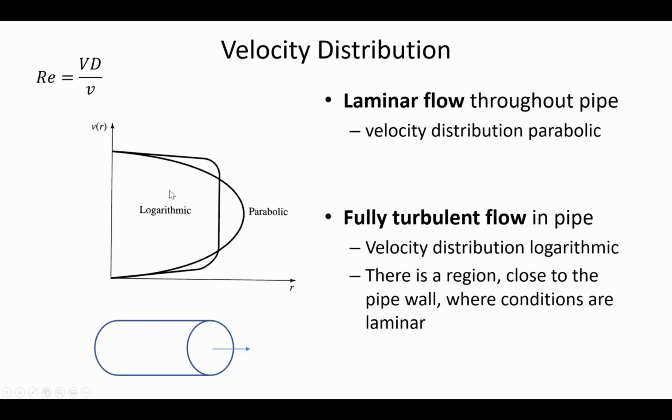Whereas if the conditions are turbulent, meaning that the Reynolds number is above 4,000, then there would be more of a logarithmic shape, where in the center of the pipe, the velocity is about the same as most of the way to the edges.